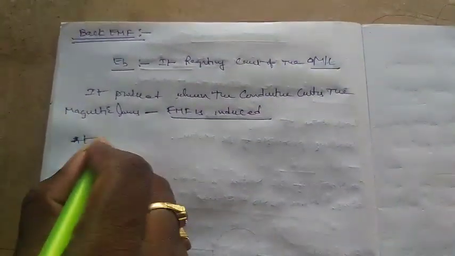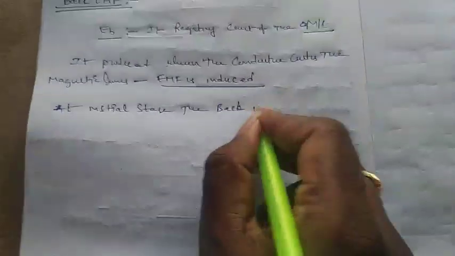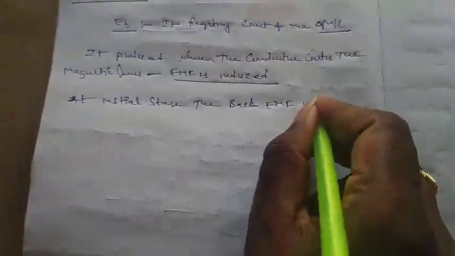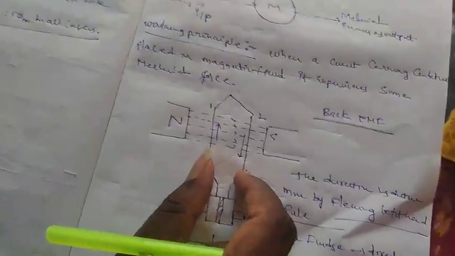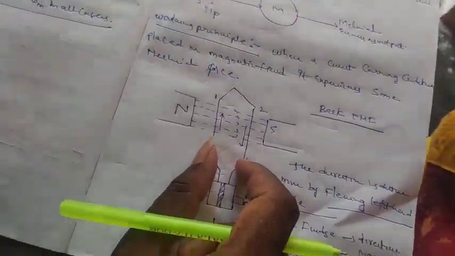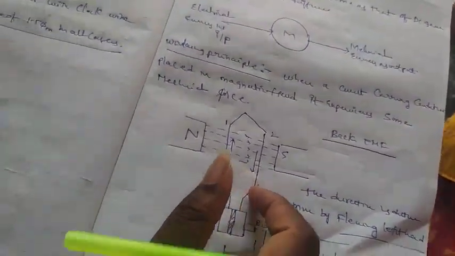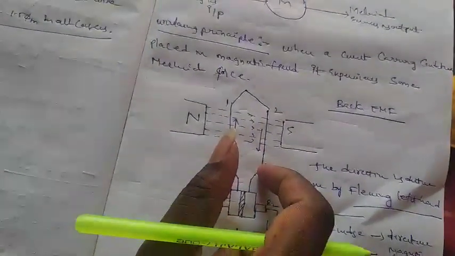At the initial stage the back EMF is 0, because initially the conductor is not rotating. When the conductor rotates, it cuts the magnetic lines and an EMF is induced. So initially back EMF is 0. This is the back EMF case.